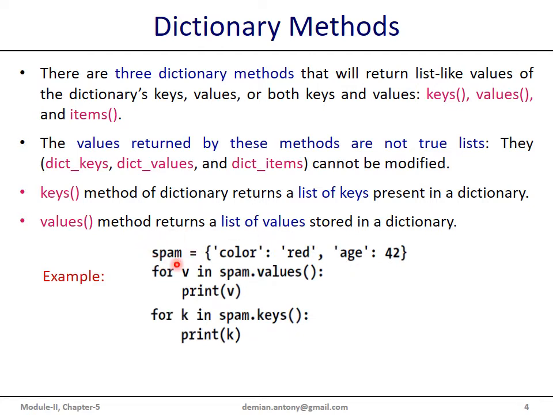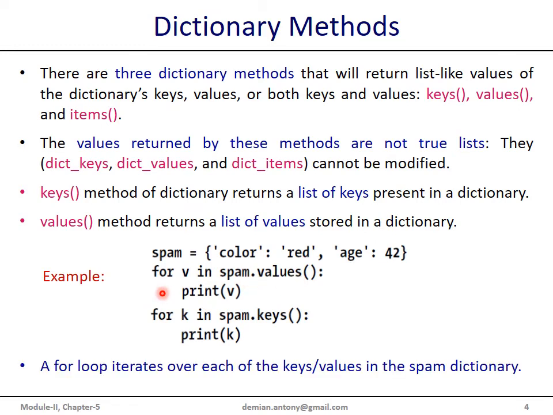Here we have a dictionary with two items, and to retrieve all the values present in the dictionary, that is red and 42, we have to use the values method, spam.values, and we have to iterate through the list like structure that is returned from spam.values to print all these values.